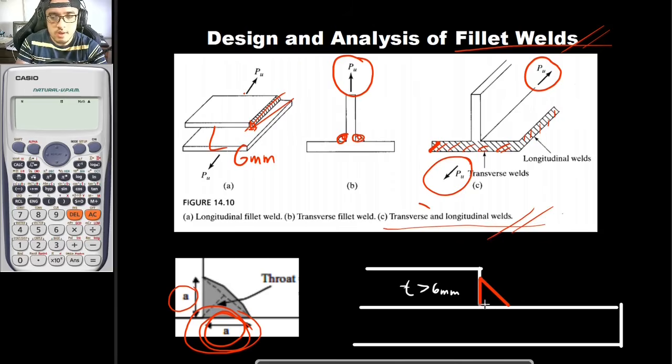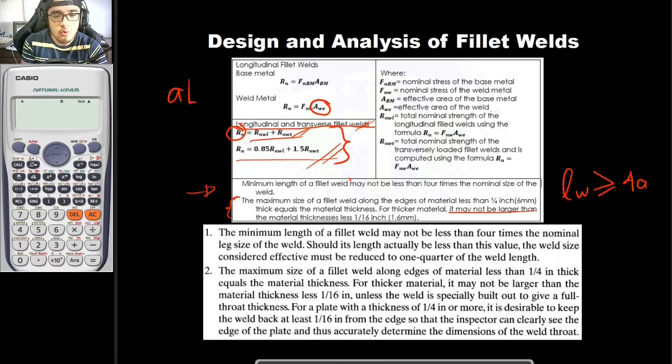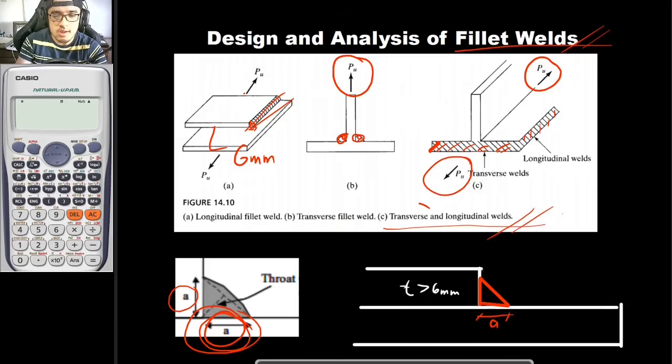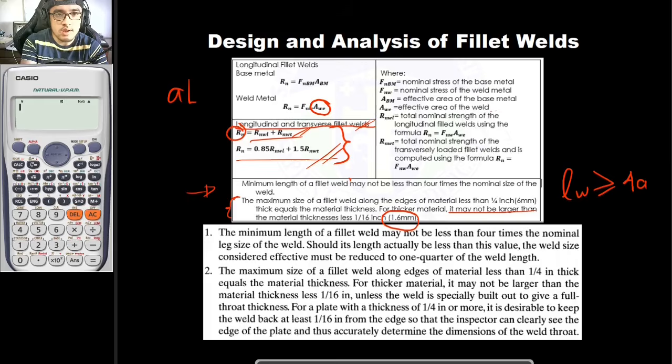So for example, if this is your weld, the maximum value of your A should be less than the material thickness by 1.6 mm. What this means is that this clearance right here should be 1.6 mm or 1/16 of an inch.